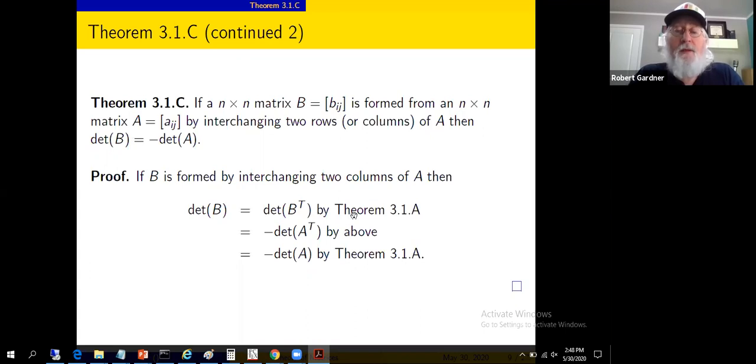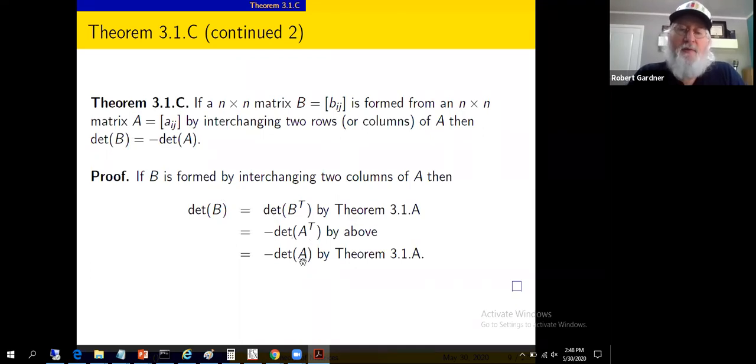Applying the result here, interchanging two of the rows of A corresponds to interchanging two of the columns of A transpose. The transpose allows us to say anything you can do with rows, you can do with columns in terms of determinants. So we can pick up the negative sign here.